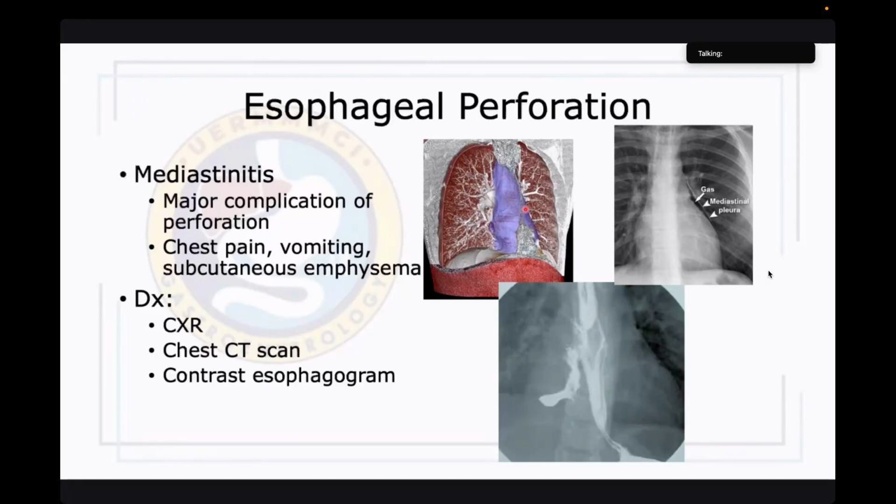The mediastinum is the central compartment of the thoracic cavity, which contains the heart, the great vessels, the trachea, and the esophagus. The classic triad of symptoms includes severe chest pain, vomiting, and subcutaneous emphysema, or air under the skin.